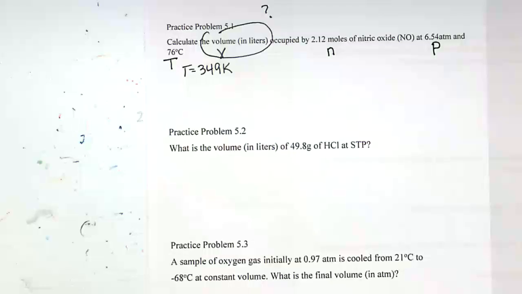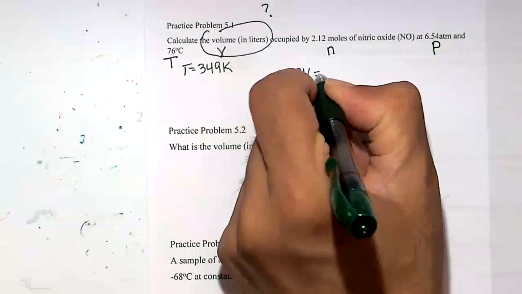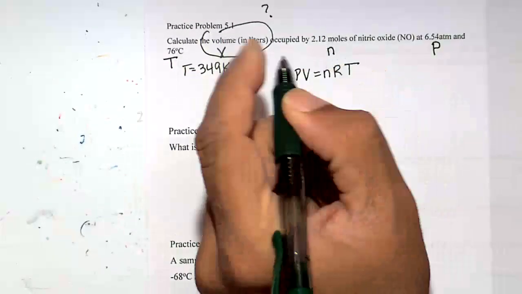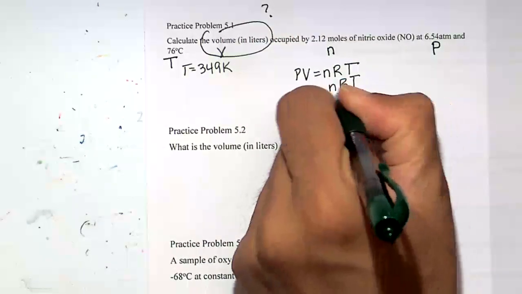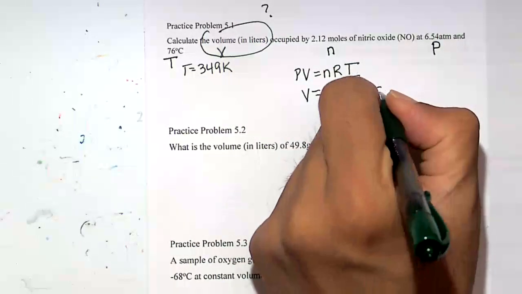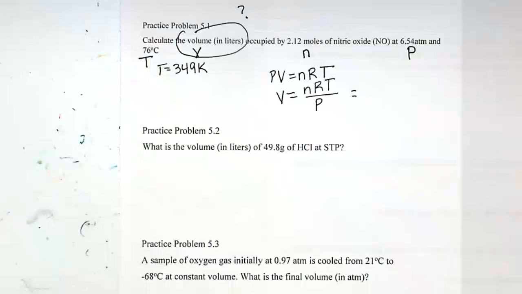We want to find the volume in liters. So we'll do PV equals nRT, and we'll solve for V here. V equals nRT over P. So this is straightforward plug and play. Plug it in and get the answer out.